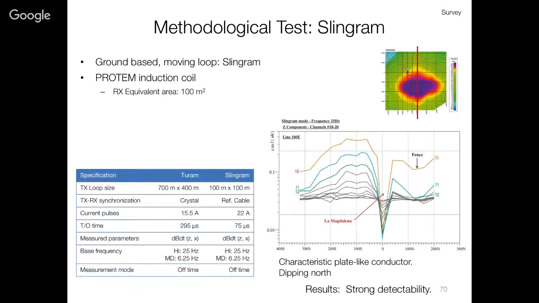So slingram, it's kind of like that sort of EM31 type of thing, where you're just basically moving. You've got a loop, but in this case it's a larger loop, and you've got a receiver. So you're just moving that whole thing along this line. And again, you've got a very nice signal over top of that conductor.